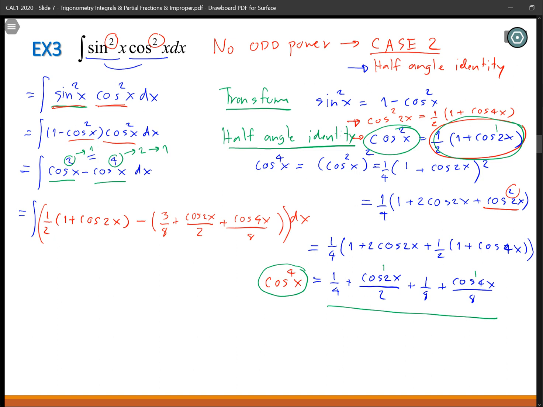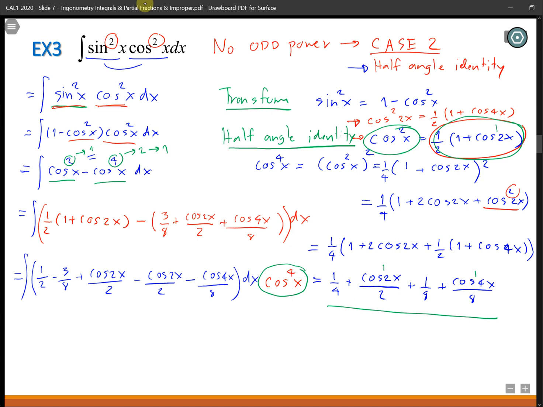Okay, at this point, all we need to do is to combine all the terms. So I'm going to start with the constant. Here we have 1 over 2 minus 3 over 8 plus cosine of 2x over 2 minus cosine of 2x over 2 minus cosine of 4x over 8, and we have to integrate this with respect to x.